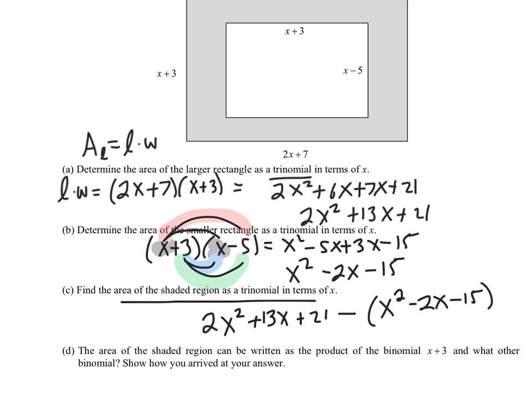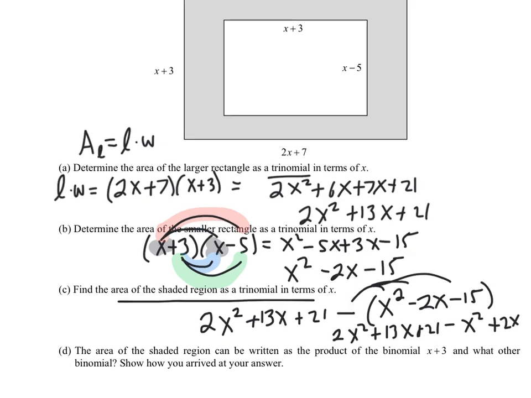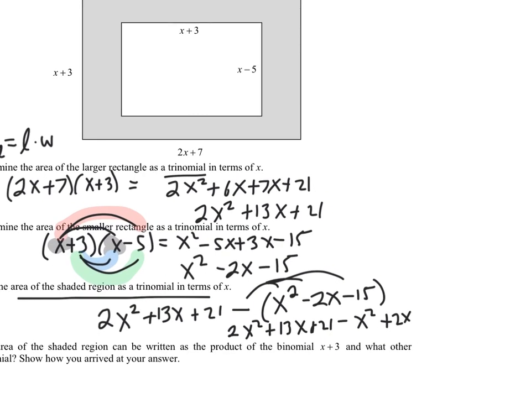When we have that, we're going to have to distribute this negative, and we're going to end up with 2x squared plus 13x plus 21, our first term, and then we're going to have minus x squared plus 2x, and the last term is positive 15.